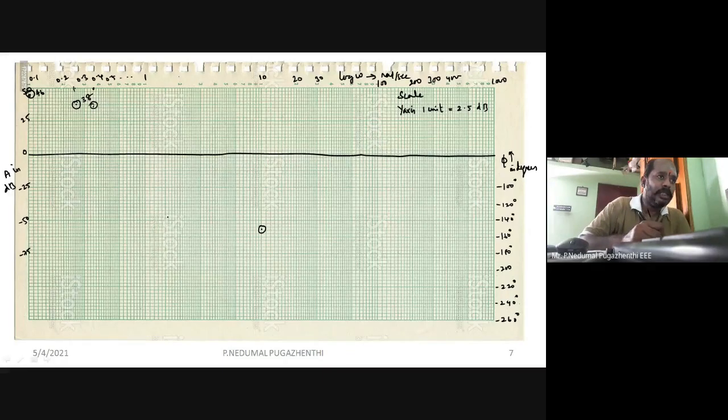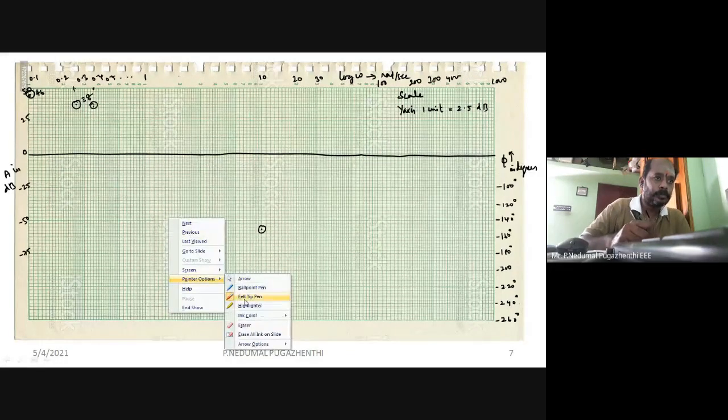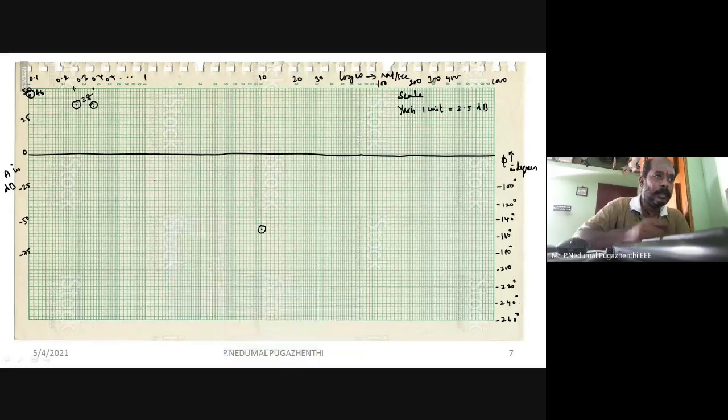Now let me join these points. First point, I have to use a scale to join this, but here it is not possible for me. And I don't know how much it is going to be. Perfect. Okay. My first slope is minus 20 decibels per decade, and this one is minus 40 decibels per decade, and this is minus 60 decibels per decade from the table.